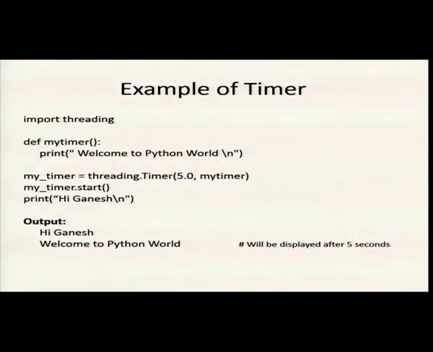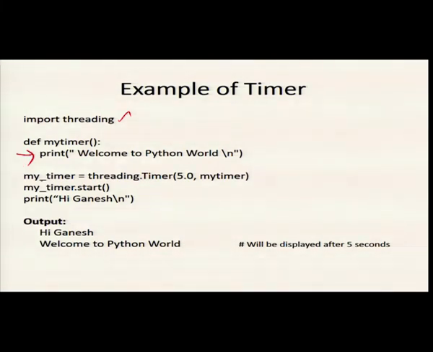Here, import threading, as I said, because timer is a subclass of the thread class. Then define my timer, the name of the function, colon, and when you press enter it gets indented, print welcome to Python world.